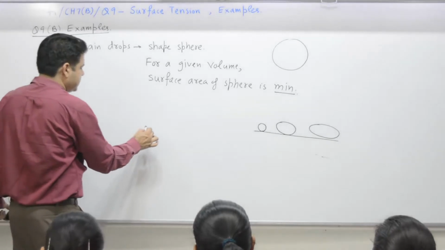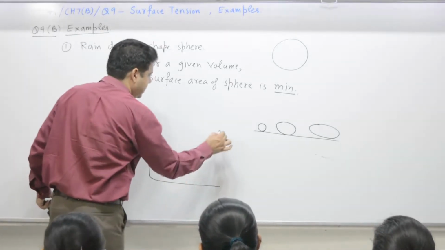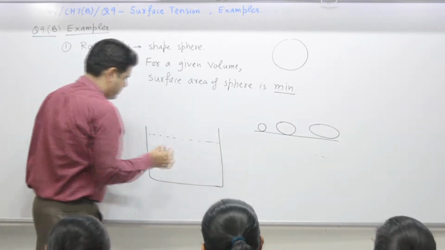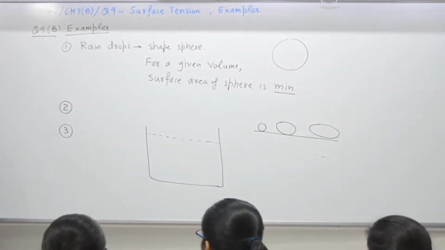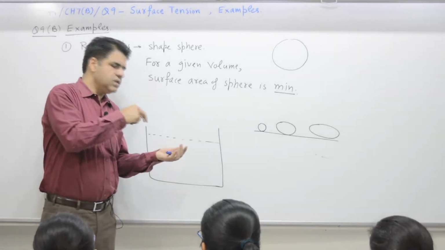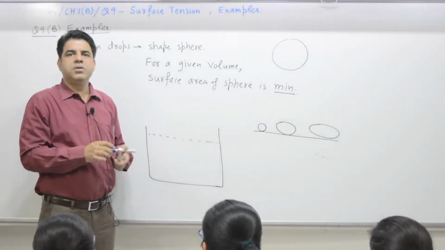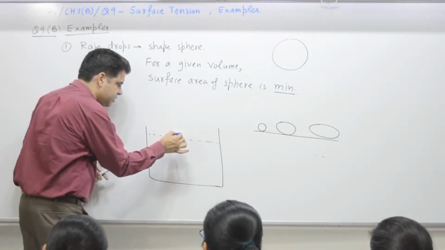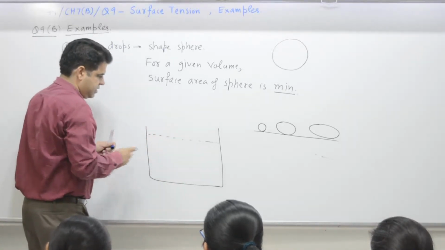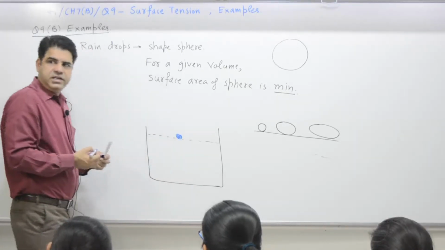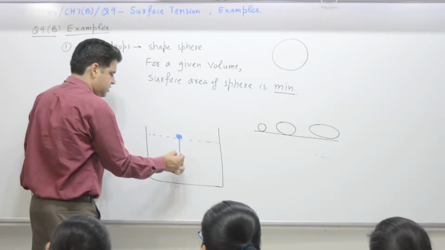If you gently place a needle on the surface, if you take a steel wire or a needle, if you place it with a jerk, it will sink. But if you gently place it, then the weight of the object will act downwards.